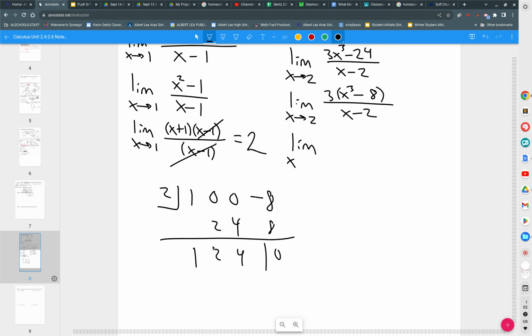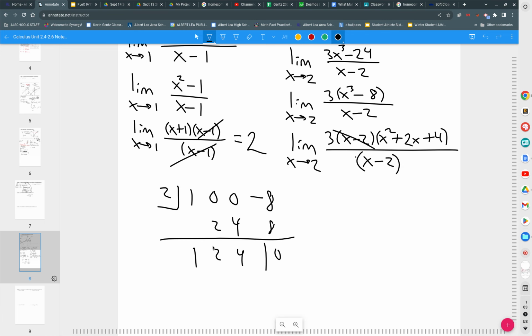Limit as x goes to 2 of 3 times (x minus 2) times (x squared plus 2x plus 4) over x minus 2.